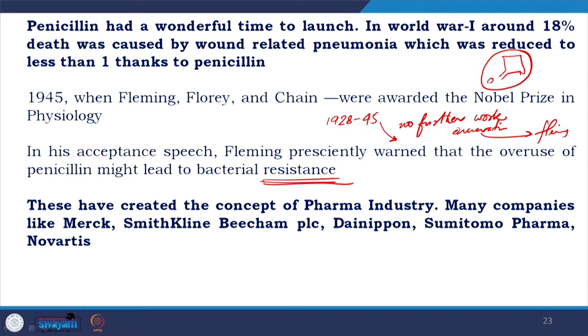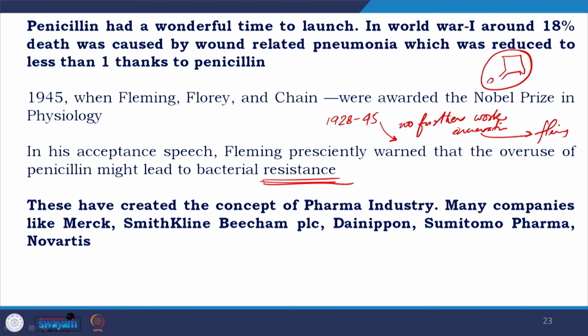Beta lactam, this 4-membered ring, brought so much money, as I told, because of the excellent timing of launching penicillin before World War II. A lot of soldiers had their lives saved, and all of them suddenly became vocal about penicillin. It became a globally accepted drug. People utilized that craze in terms of money.